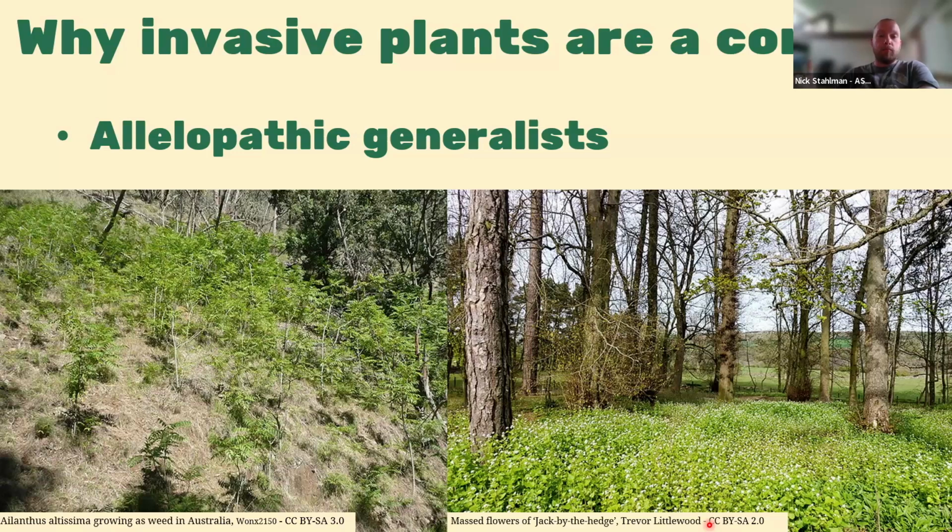It gives the invasive species some sort of competitive advantage by altering the soil chemistry to make it so that mycorrhizal associations, the fungal associations with plants, can't form, and that invasive species doesn't need it.